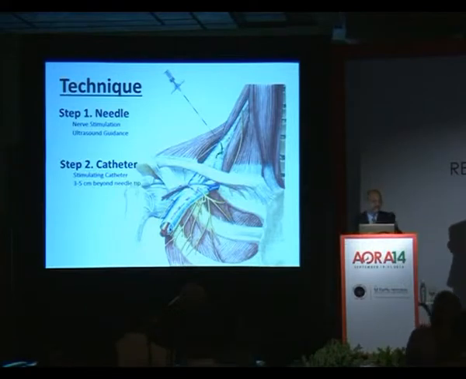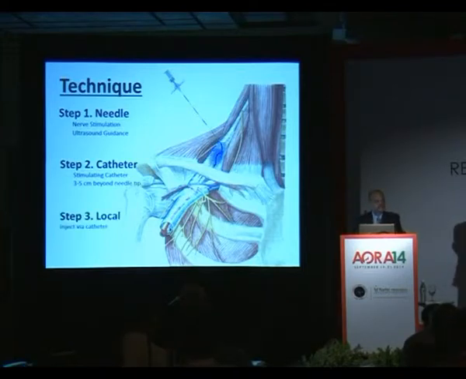You then thread in a catheter, which is attached to a nerve stimulator. The challenge is that as you advance your catheter, you have to maintain the nerve twitch, which tells you that your catheter tip is in close proximity to the nerve that you want to block. The third step is that you inject your local anesthetic through the catheter.